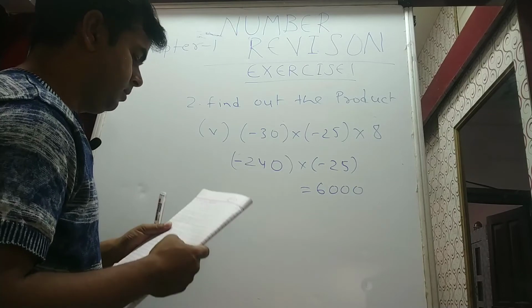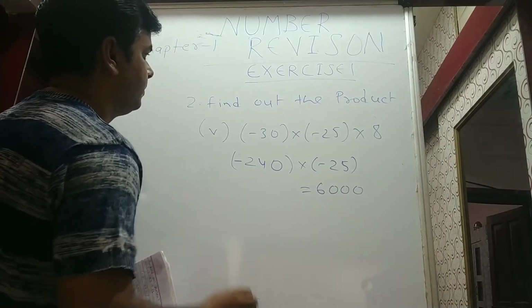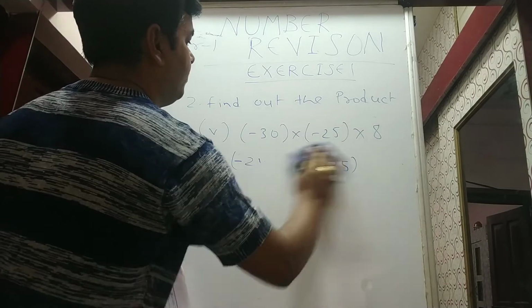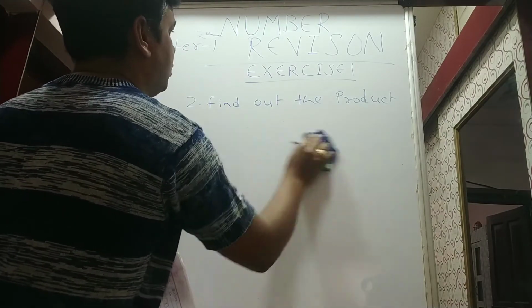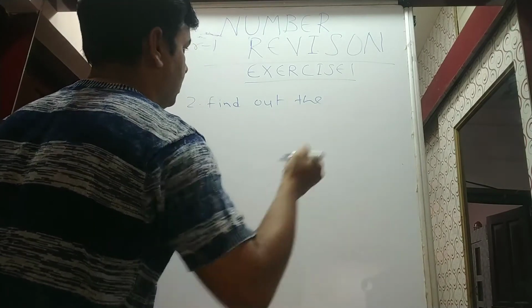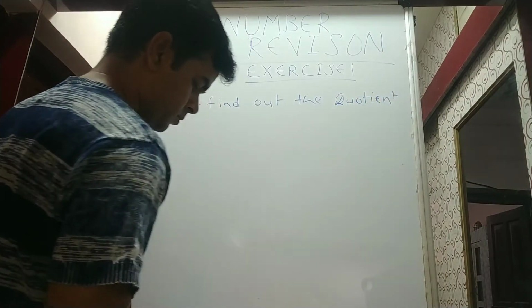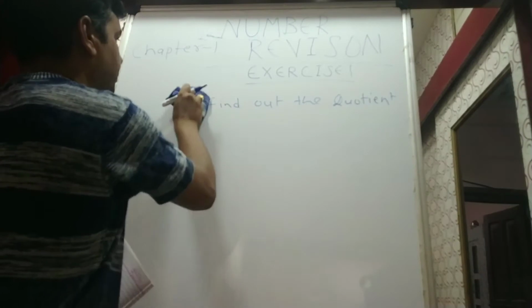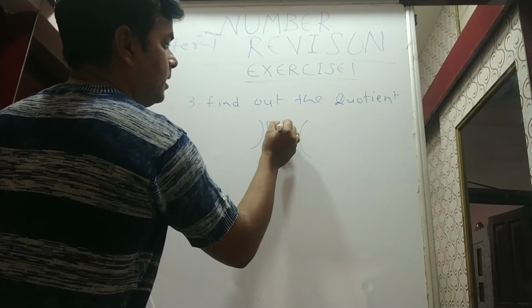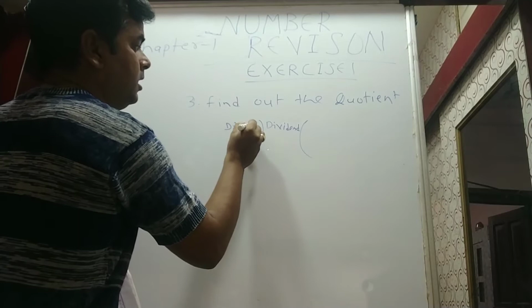Next, we need to find the quotient. In the previous question we found the product, which means we multiply. Now we will find the quotient. Quotient means we need to divide. If you remember, we have a dividend and a divisor, the number which divides.